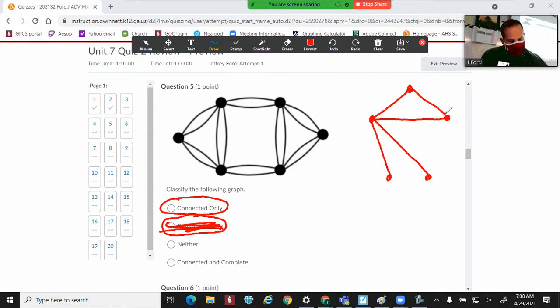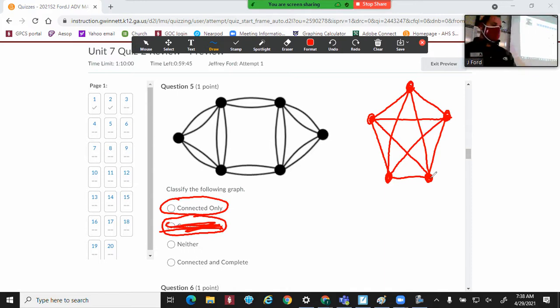Here, there, there, there, that's already touching. That would be an example of a complete graph. Obviously, a complete graph is also a connected graph, so that would be an example of a both situation. This right here is connected only. This right here is connected and complete. Very, very simple.